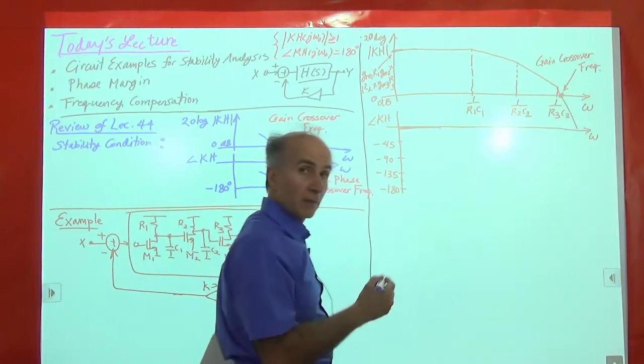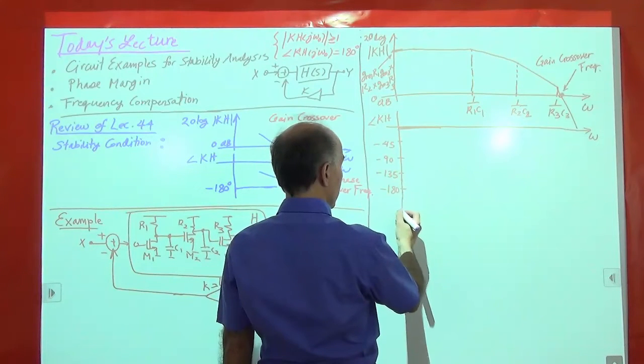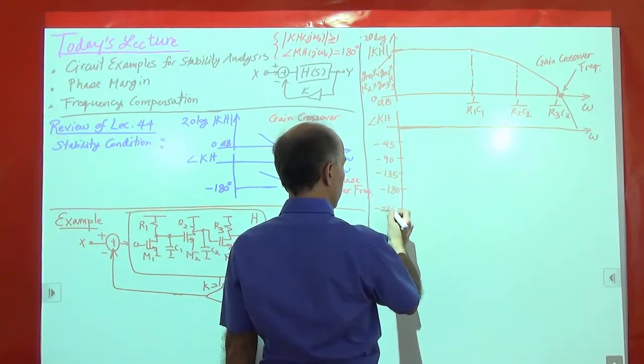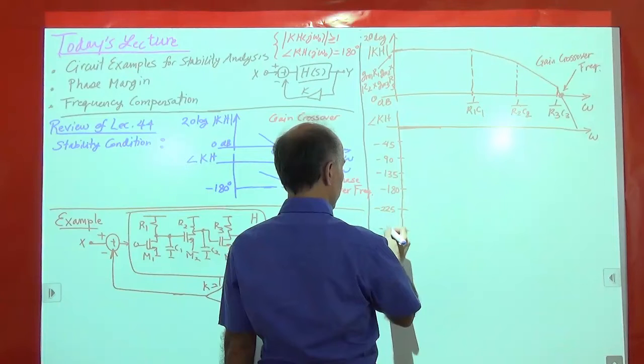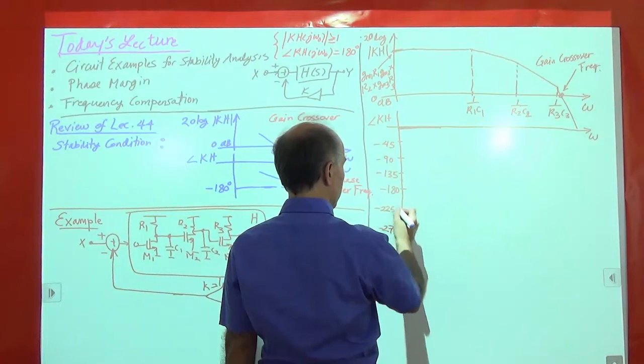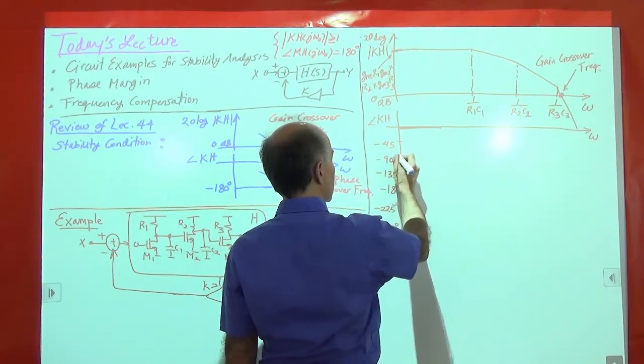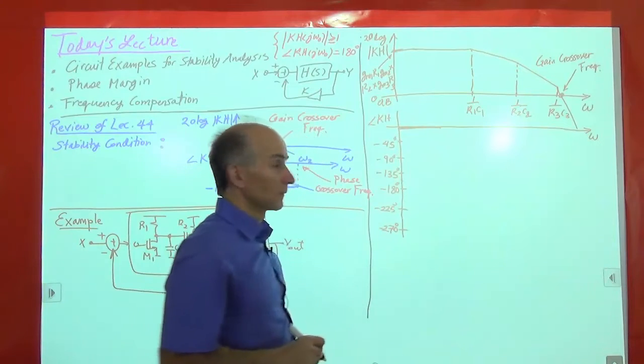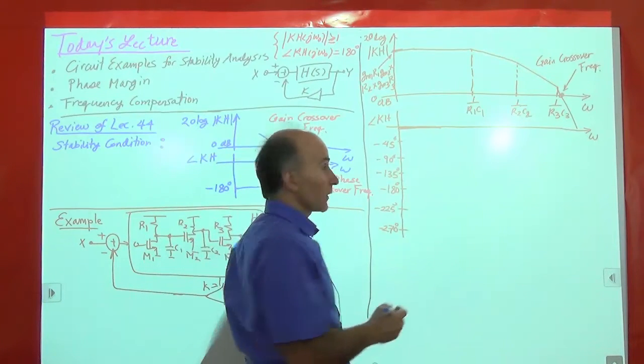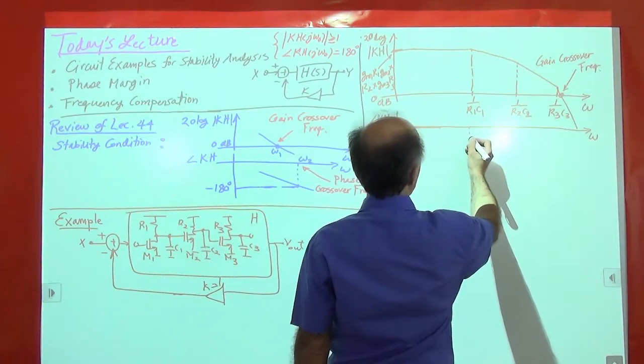I'm going in steps of 45 degrees, minus 225, and minus 270. All right, these are all degrees. Okay, so at the first pole, we have minus 45 right here.